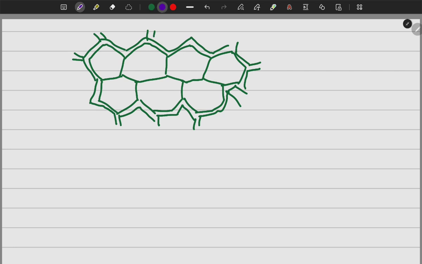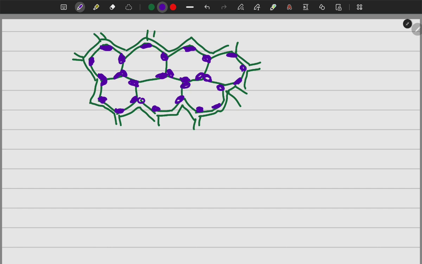And these cells will have depositions at the corners like this, which provides strength to these cells. The corners are highly thickened. And why are they highly thickened? Because of the deposition of cellulose, hemicellulose and pectin.